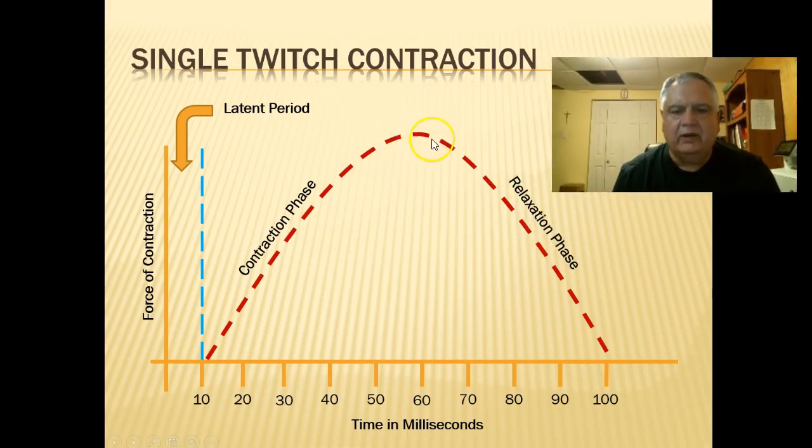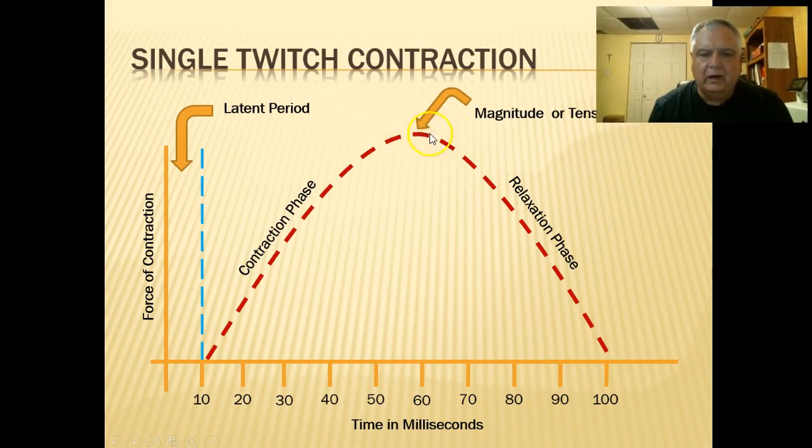That contraction phase is then immediately going to be followed by a relaxation phase in which the muscle is going to relax. As a result, the sarcomeres are going to lengthen, the fibers are going to lengthen, the muscle is going to lengthen. And as that happens, gradually the force is going to decrease. So we're going to go back down on the graph.